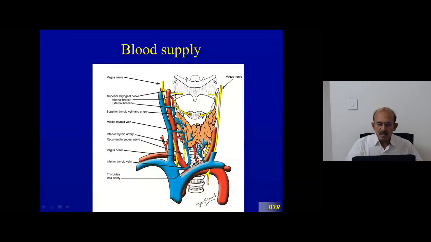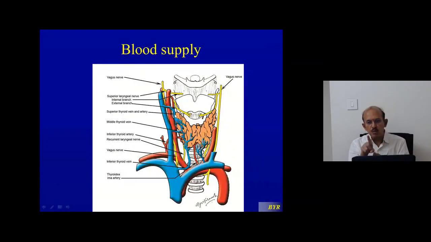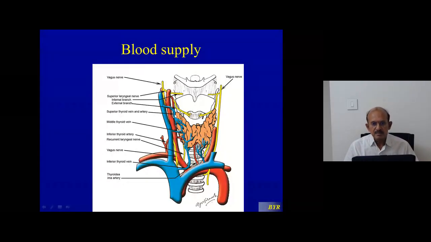If it has no branches, it can be either the common carotid artery or the internal carotid artery. So they put the ligature after they identify two branches, and in between the two branches they ligate it. That is the dictum for application of a ligature to reduce vascularity in head and neck surgery.